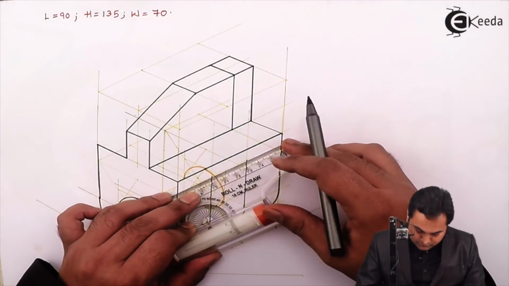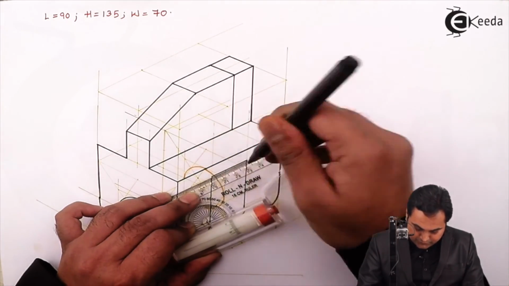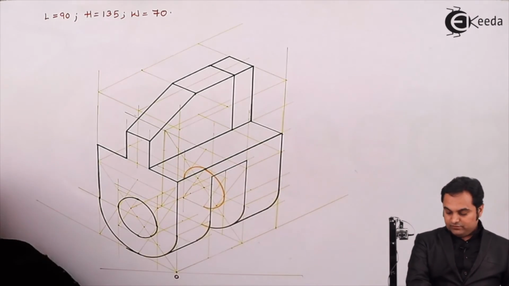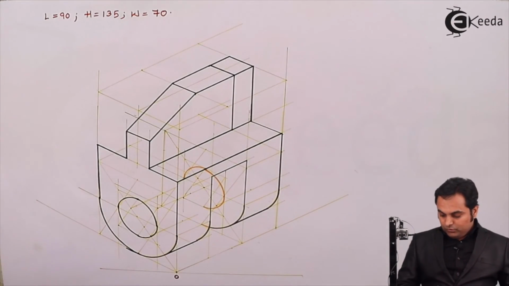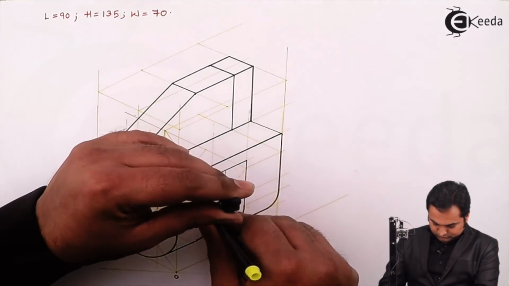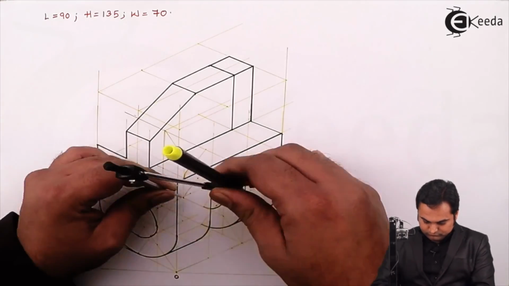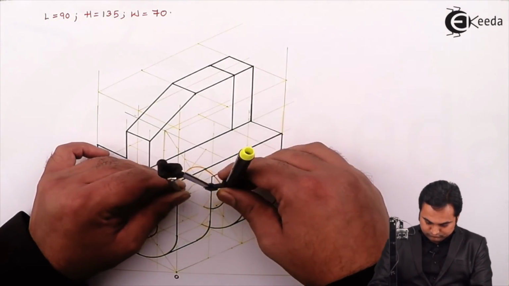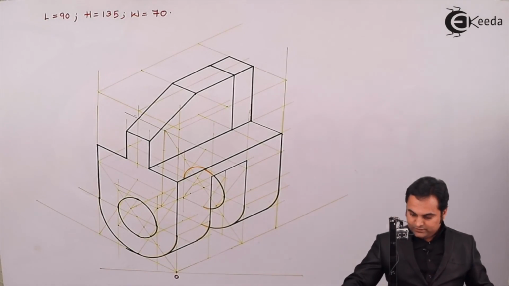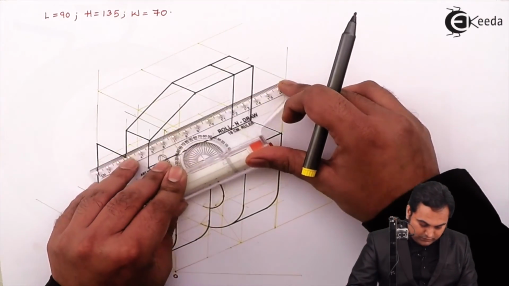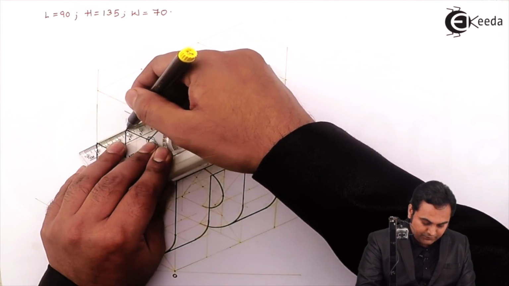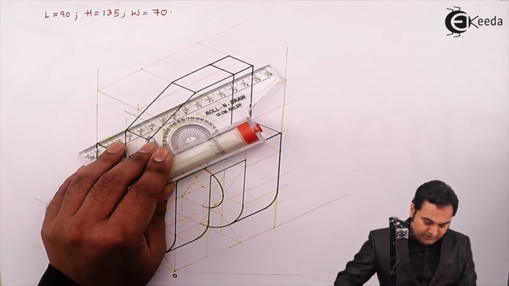Next, joining these two points, and now only this much part of the circle is seen, so I would be making only that much region dark. Next, I'll draw a parallel line in order to complete the surface through this point and then make it dark.